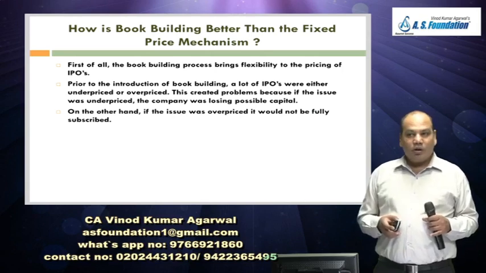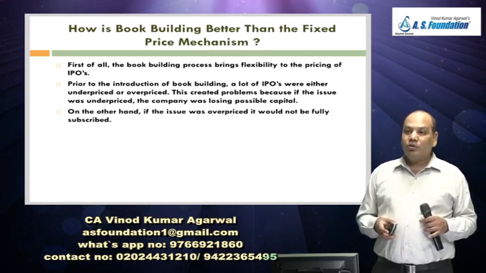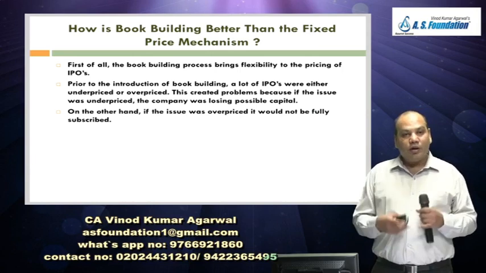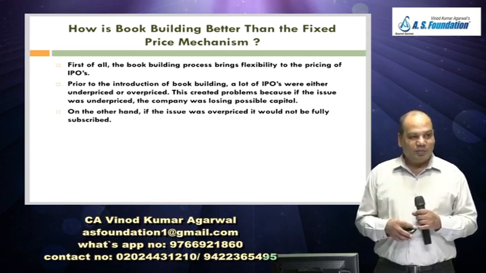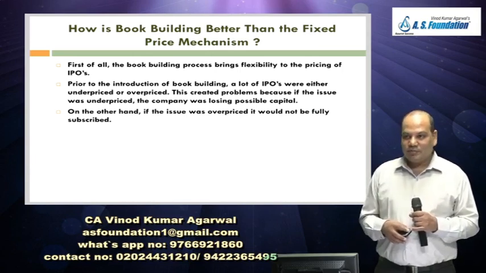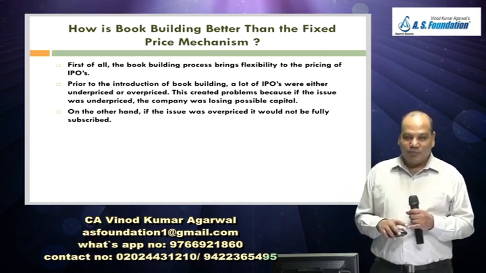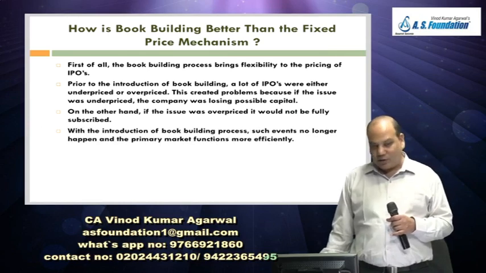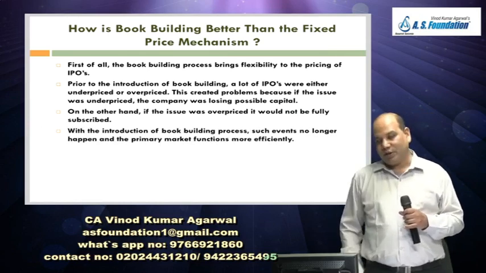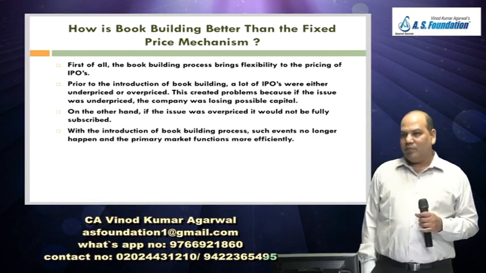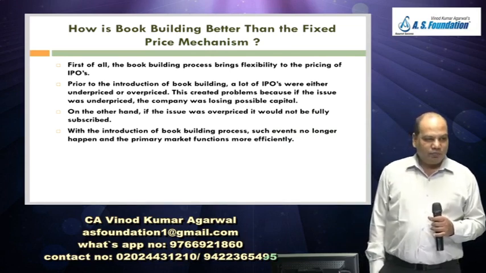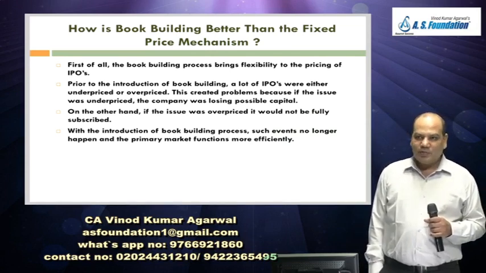And one author has also written no band, let the public bid. Then that will be the true book building process, where the investor has all the power to decide the price. But for administrative and other reasons, this price band is there.